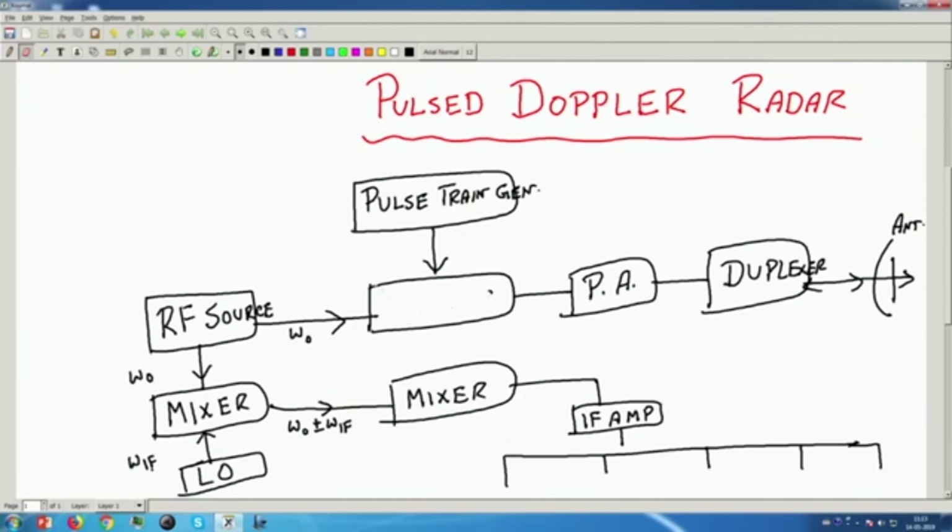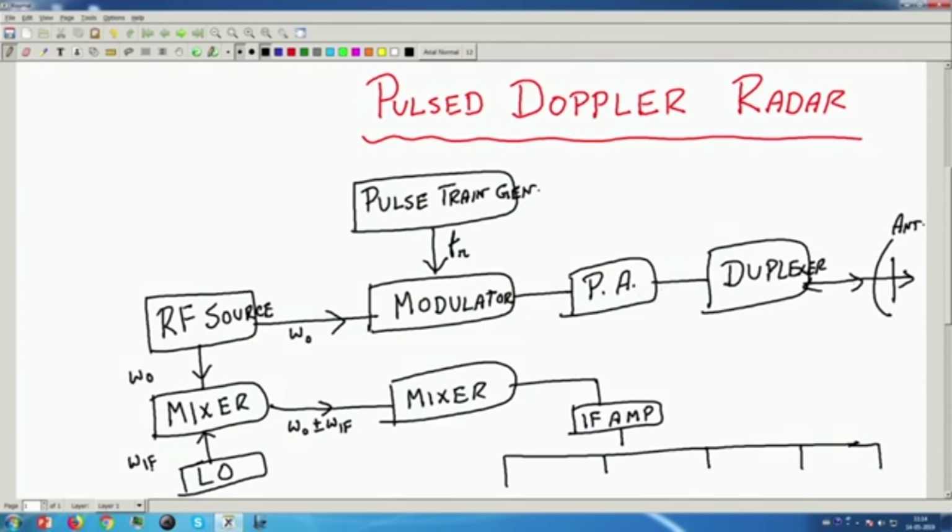So, the pulse train generator goes to a modulator, amplitude modulation basically with the pulse train on and off. The pulse train generator is giving you a PRF, FR. So, it is coming, and with the power amplifier it is given to the duplexer.